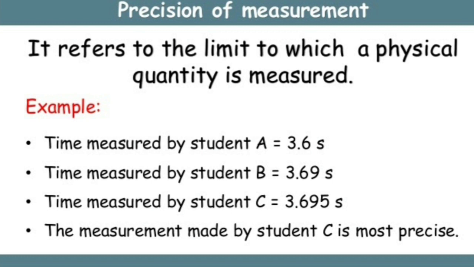So which one has more precision? 3.695. The number of places increases, so precision is more. Got it? So the number of significant figures shows something about precision. If the number of significant figures is more, the precision will be more. If it is less, precision will be less.